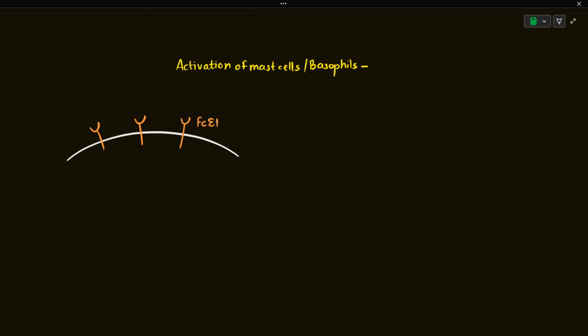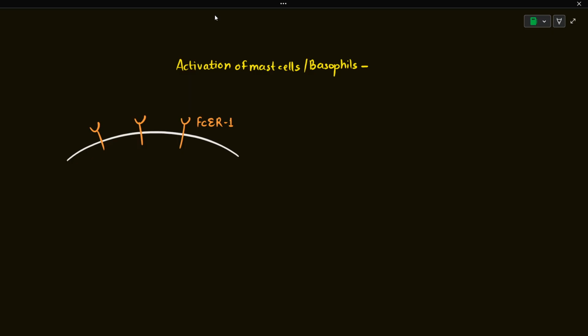These are Fc epsilon R1 receptors. You remember when we discussed receptor tyrosine kinases, dimerization was very important for their activation. When those receptors got dimerized, they activated the intracellular signaling pathway.